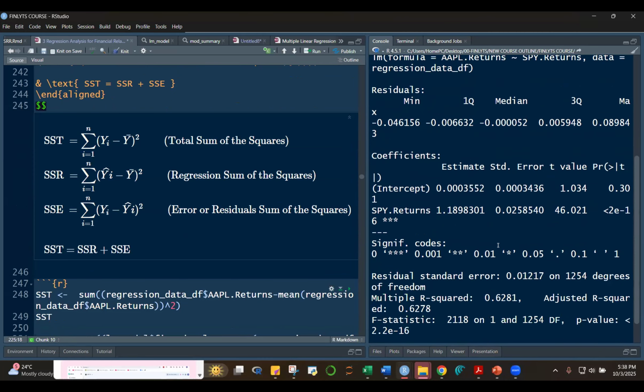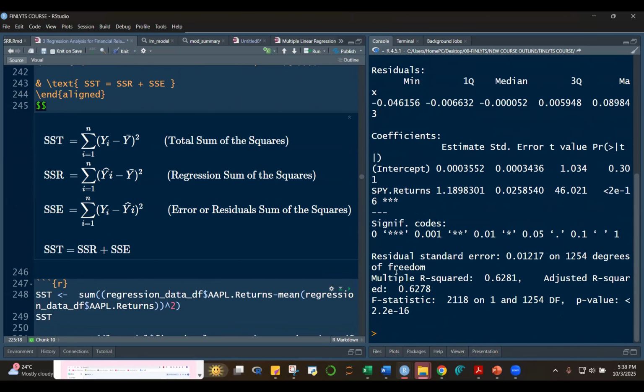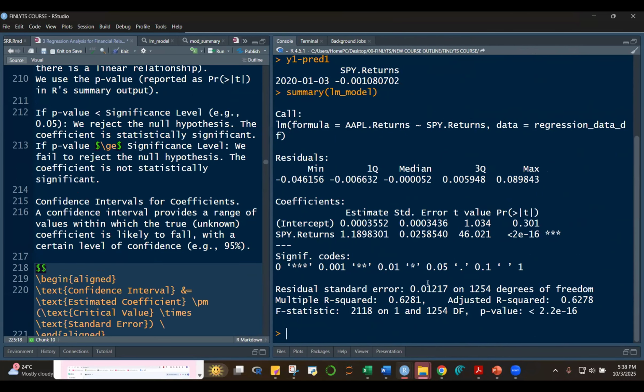Ito siya, no? Yung residual error, standard error. So this is your standard error of your residuals. This is just the average distance between your actual value and your residuals. Okay?